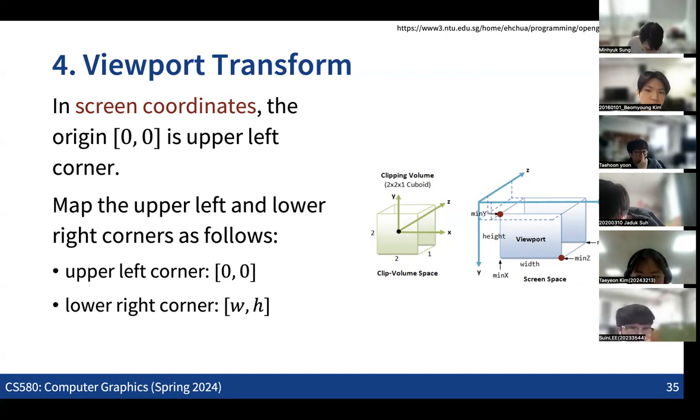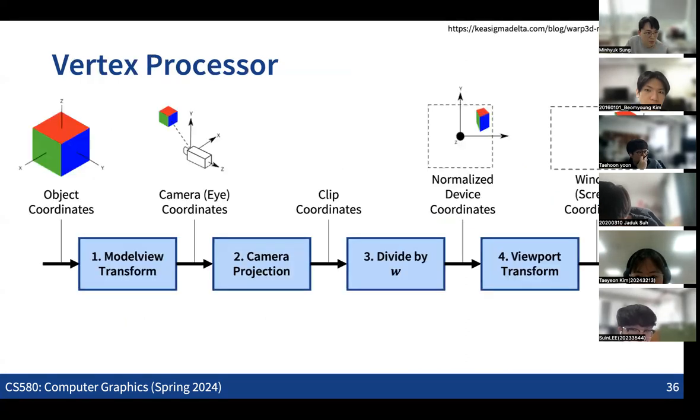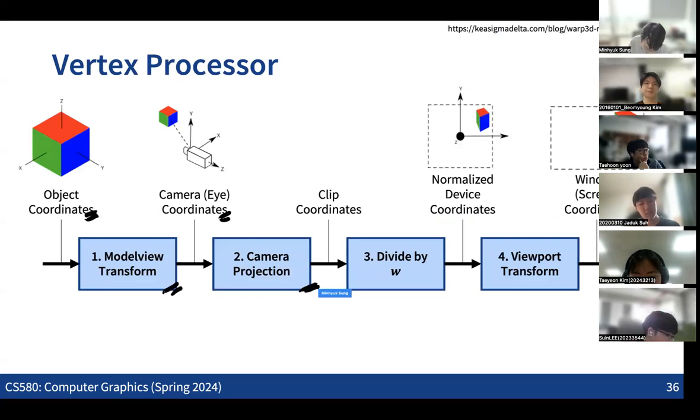So this is all the process that we are doing in the vertex processor. We have the model view transformation, which converts the object coordinates into the camera coordinates, and the camera projection, which multiplies by a 4x4 matrix, mapping the camera coordinates into the clip coordinates. Then we divide by W to get the final projected coordinates, while preserving the z information for the depth test.